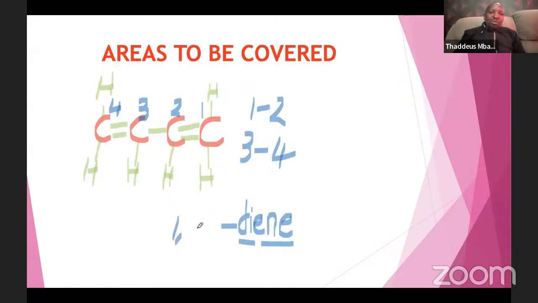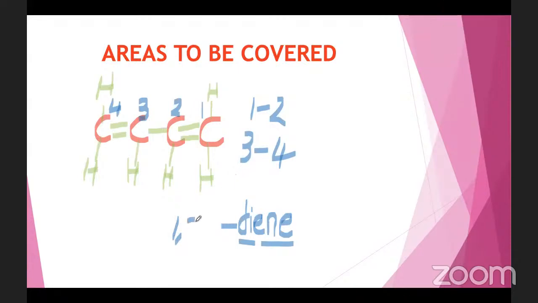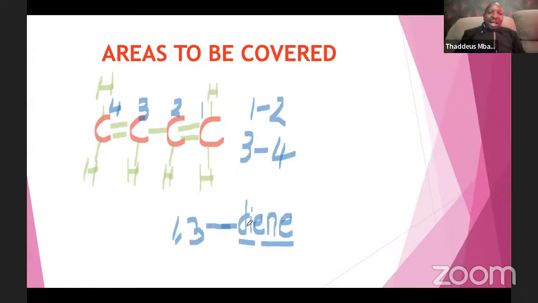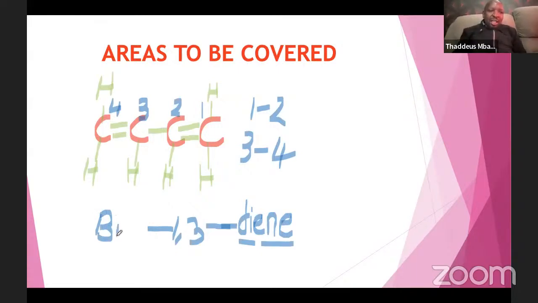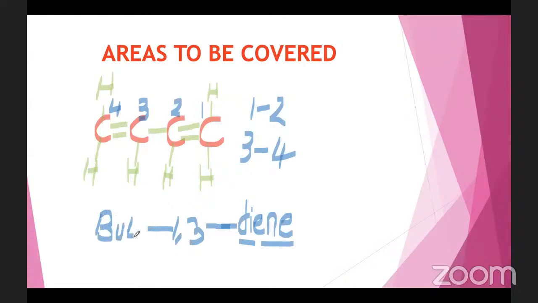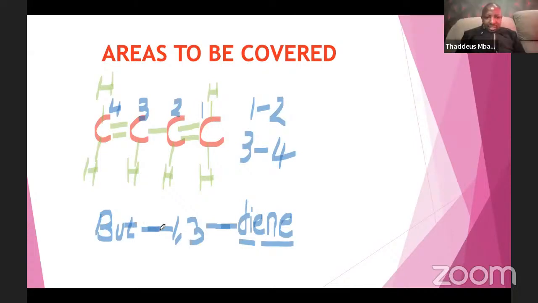Then the other one occurs between the third and fourth. So we pick 3 or 4? 3. And remember, letters and numbers are separated by a hyphen, and number and number are separated by a comma. Then the continuous carbon chain has 4 carbon atoms. So the name is buta-1,3-diene. Perfect.